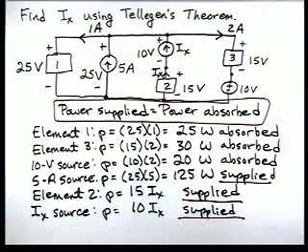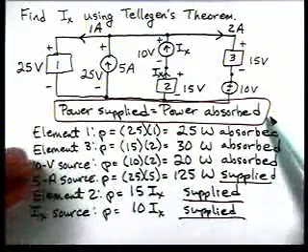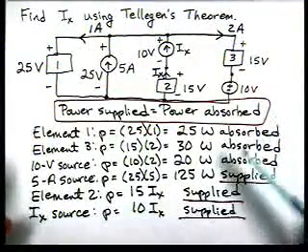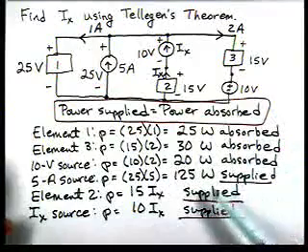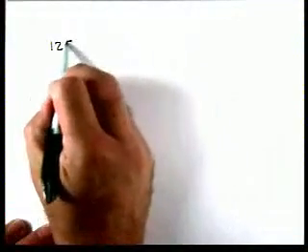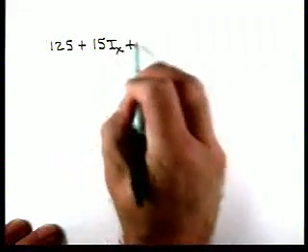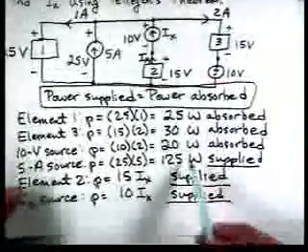Now we're going to use Tellegen's theorem. To do that, we're just going to add up the power absorbed and the power supplied. For the power supplied, we have 125 plus 15 Ix plus 10 Ix, from these 3 sources.